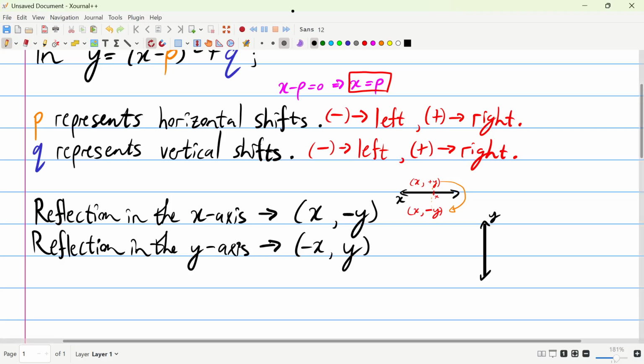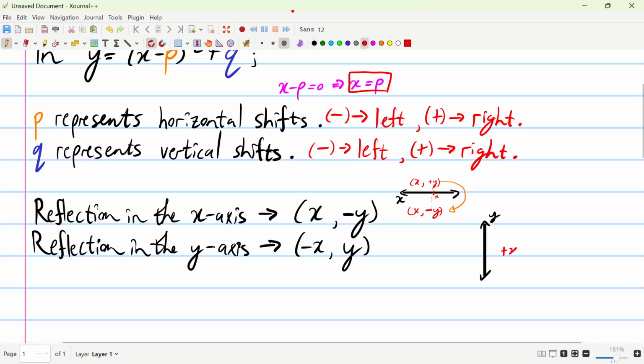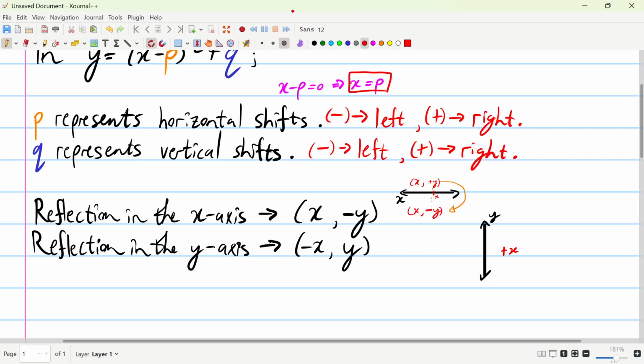And this is the y-axis. And let's say, for example, we have a positive x value. So let's say positive x is over here. And then we are going to reflect this about the y-axis. And then what's going to happen is we are going to shift it to the negative. And what you notice is that the y value actually stays the same. Okay? Because all we're doing is changing the value of x.